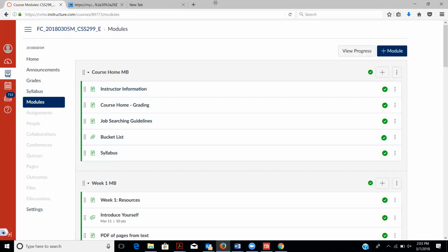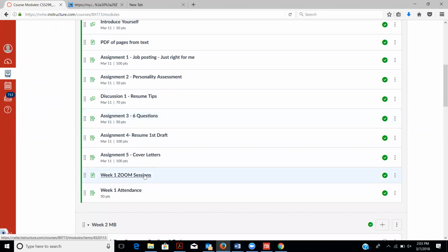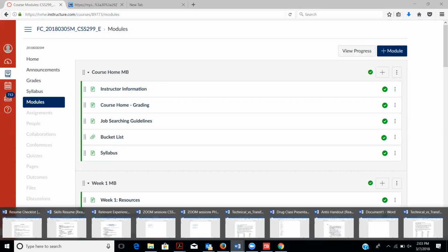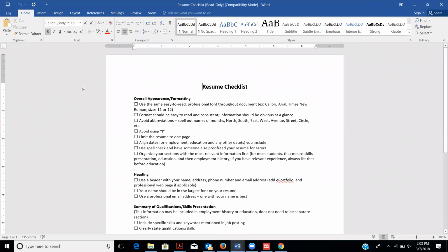Let's stay here and go down to, what I'll do is bring this up. Okay, this document, the resume checklist, is also in the first document.